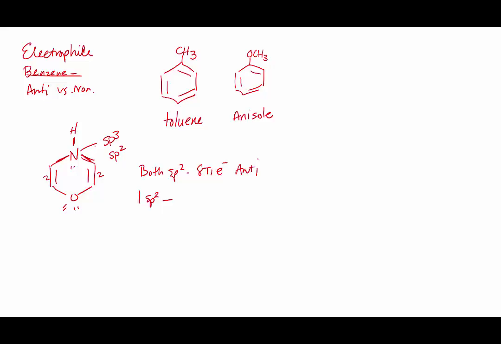Only one situation would give you anti-aromatic, and it's not going to prefer that. The other three situations, nitrogen sp2 or oxygen sp2 or both, start all over. Nitrogen sp3, oxygen sp3, both sp3: non-aromatic.